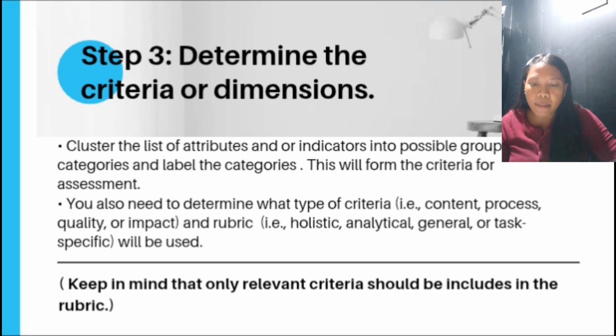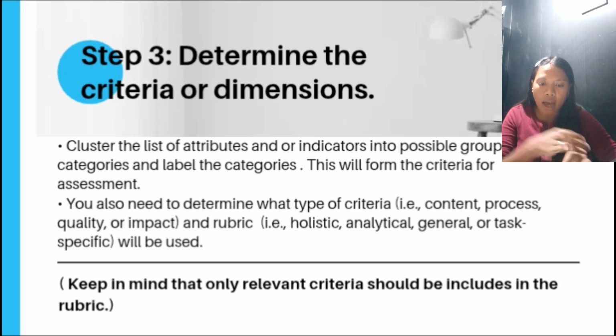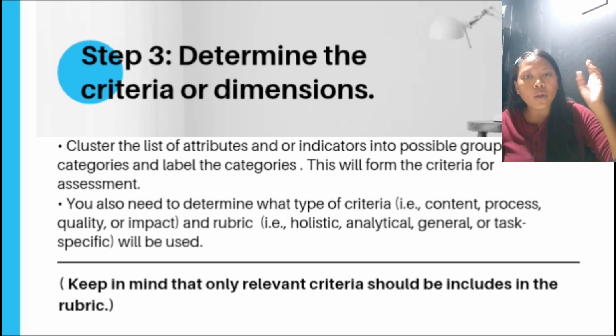So always keep in mind that only relevant criteria should be included in the rubric, because adding unnecessary or unimportant elements makes the assessment confusing and less effective. If a rubric includes criteria that don't directly relate to the learning, it can distract both the students and the evaluator from what truly matters.